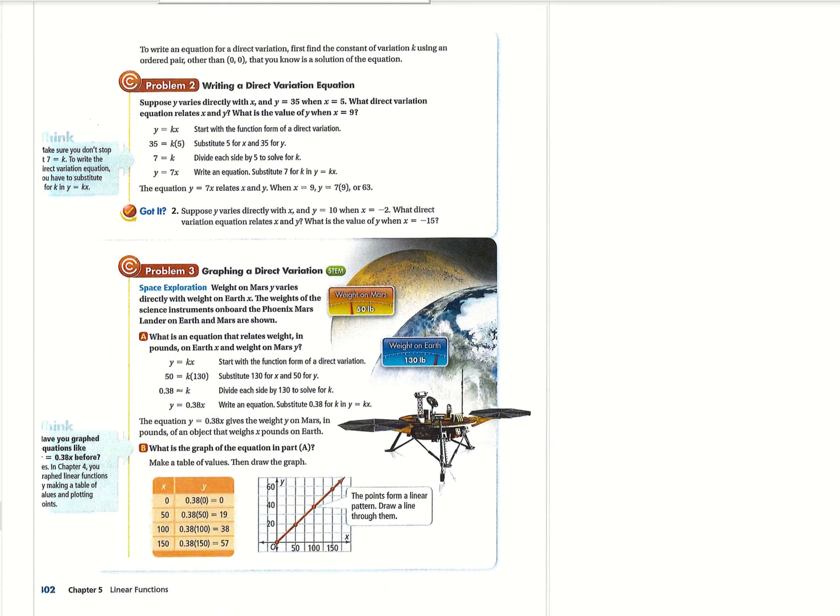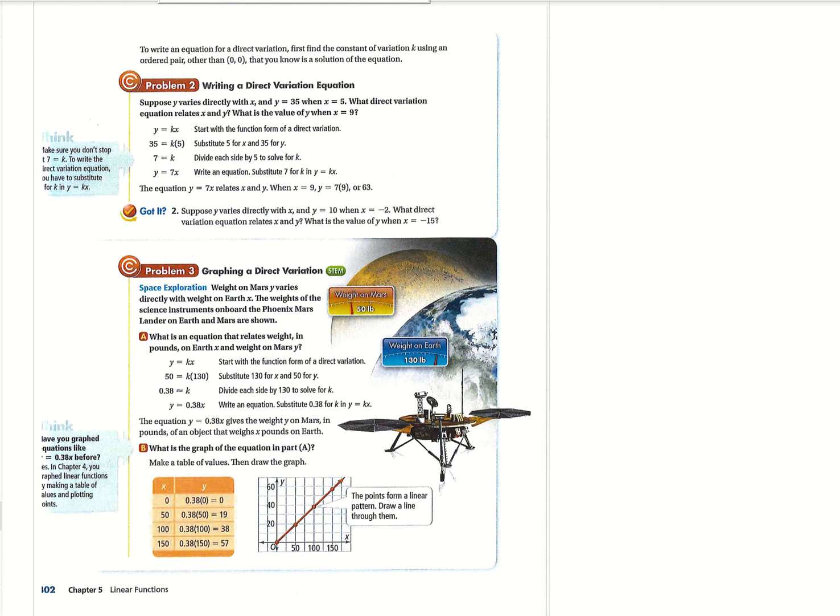Okay, so for problem number 2, we have writing a direct variation equation. It says, suppose y varies directly with x and y equals 35 when x equals 5. What direct variation equation relates x and y? And then what is the value of y when x is 9? All right, so we have 2 parts to do. First, we have to find the equation.